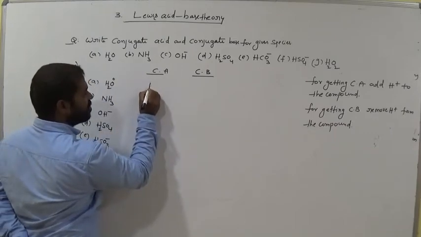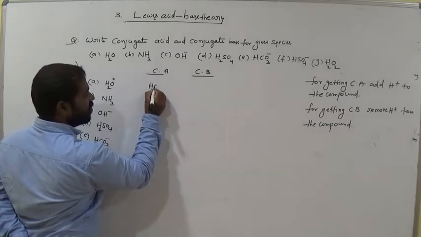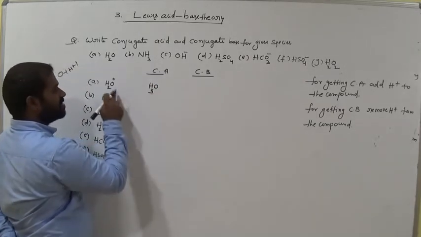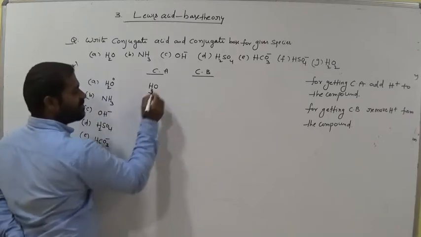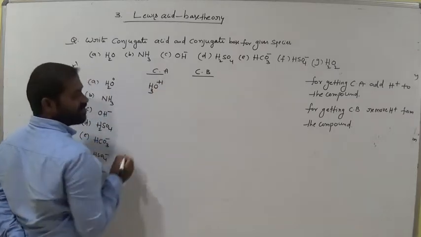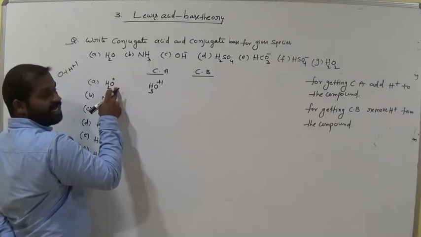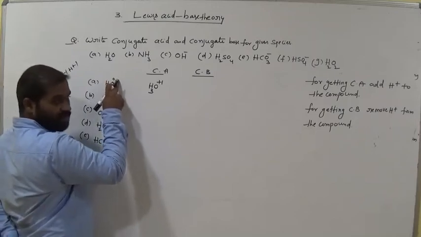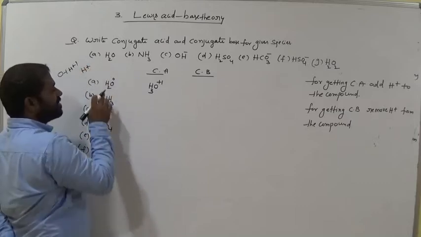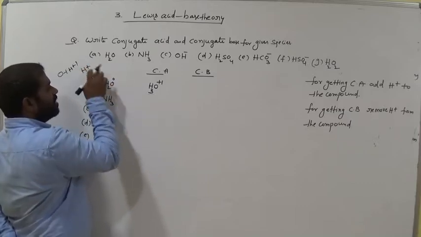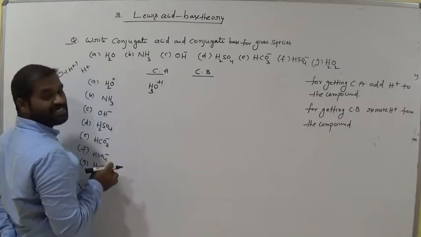That means it is now H3O. Am I right? What about charge? Already here it is 0. We add 1 plus, 0 plus 1 means plus 1. Now we add H plus, then it is H3O plus.